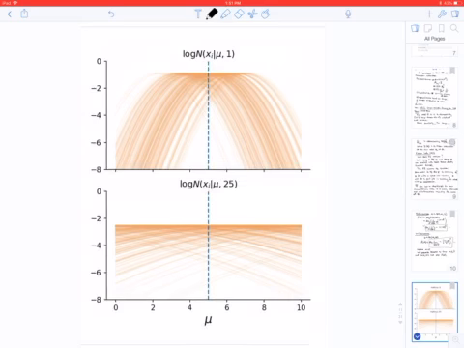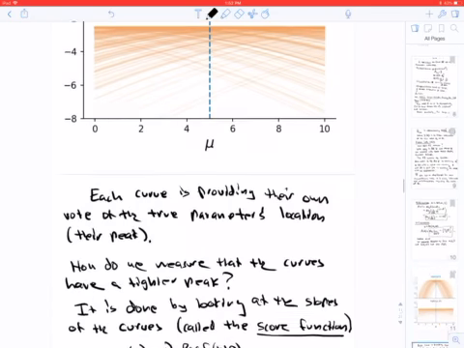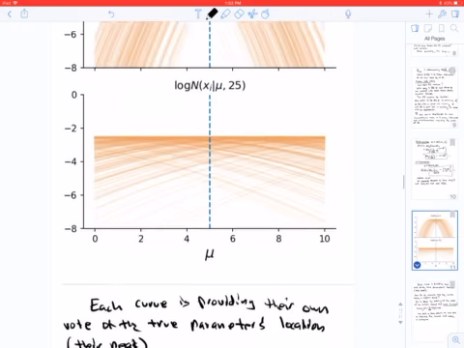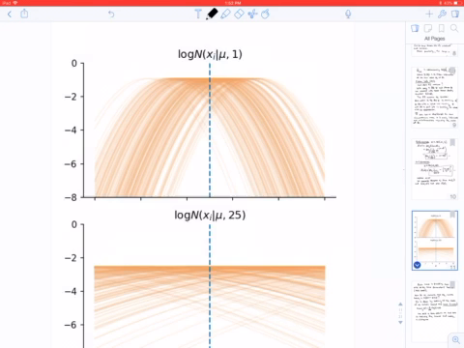You can think of each trajectory or each observation as a vote for what the true value of mu is. So how do we measure that curves have a tighter peak?